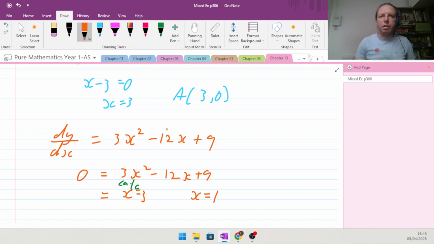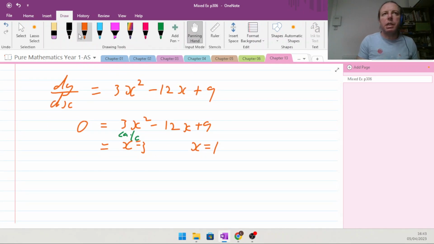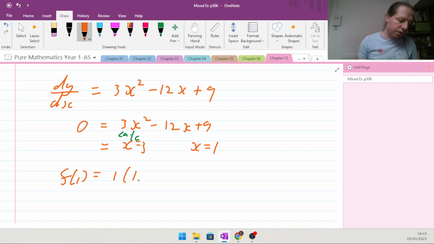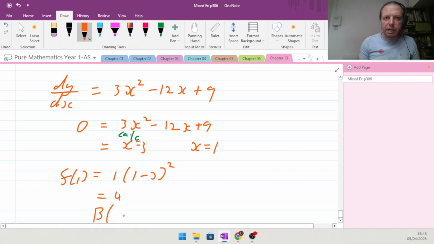Looking for the coordinates of B, we put in x equals 1, so f of 1 on the original equation. I'm going to use the factorized version because it's going to be quicker. 1 minus 3 is minus 2, minus 2 squared is 4, meaning coordinate B is (1, 4), which matches with the picture that they have given us.